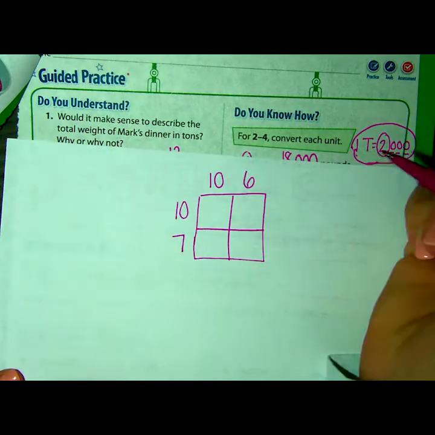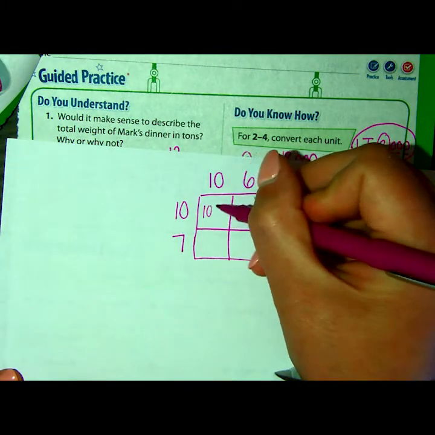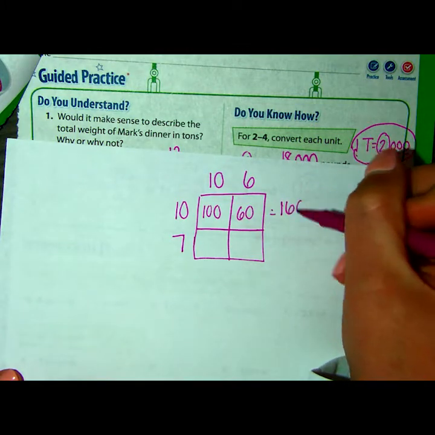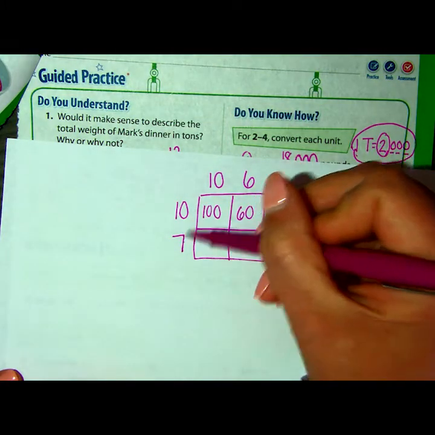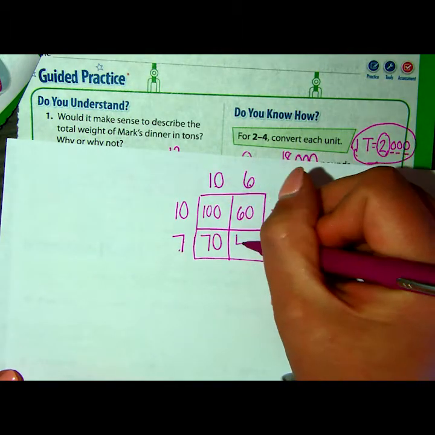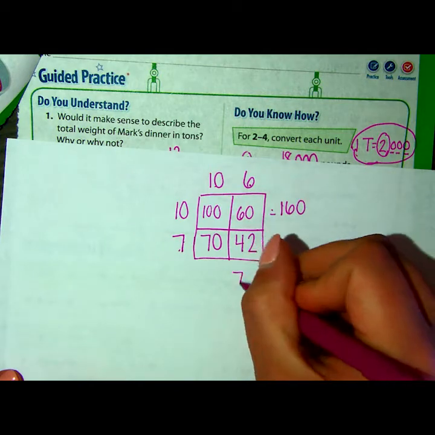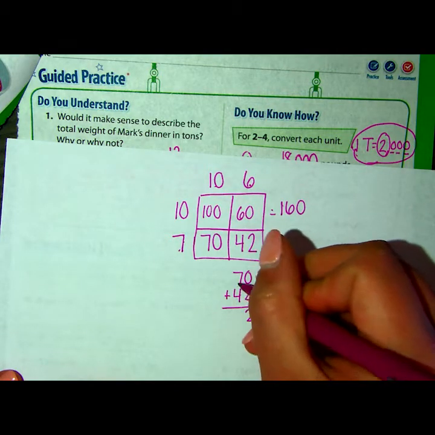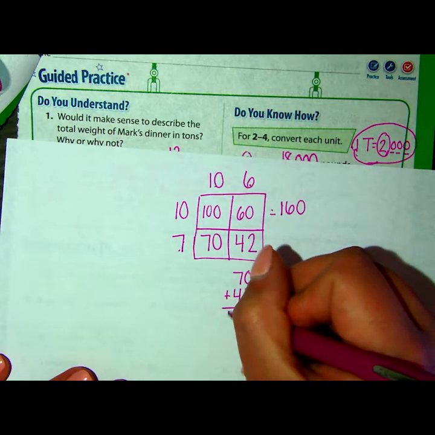Well, 10 times 10 is 100, and 10 times 6 is 60. That gives me a partial product of 160. And 10 times 7 is 70, and 7 times 6 is 42. If I add 70 plus 42, that's 112. I have a partial product of 112.